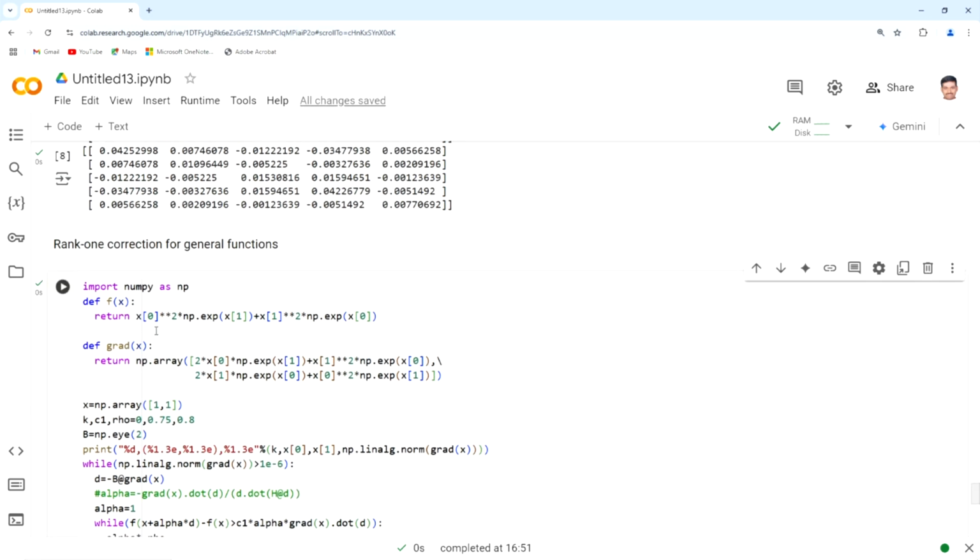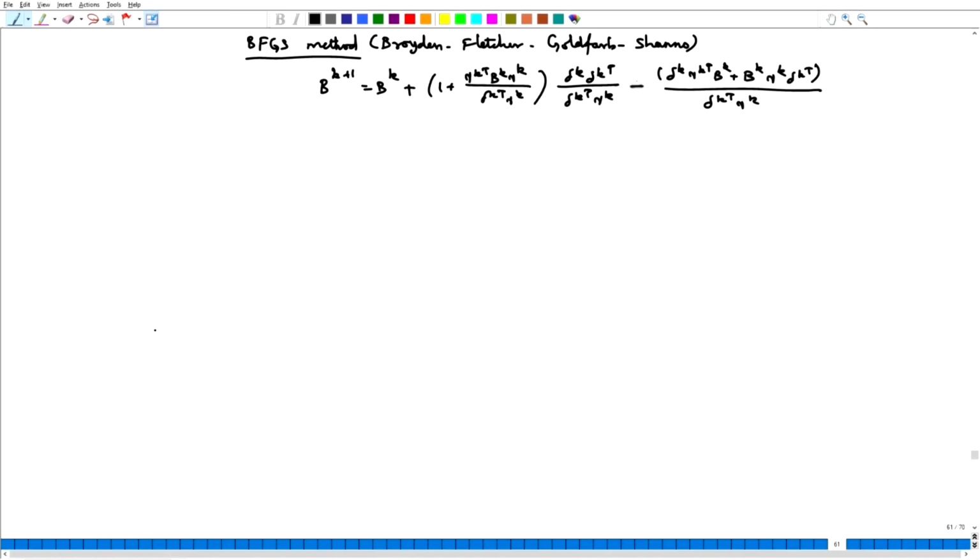One more way of updating B_{k+1} is to use the convex combination of DFP and BFGS. That is called the Broyden family.